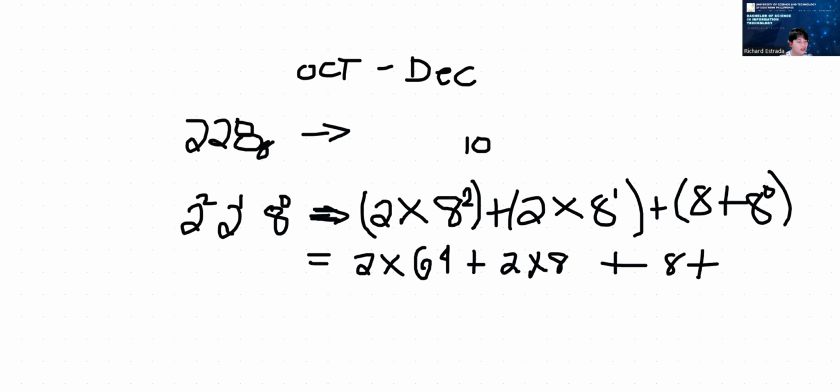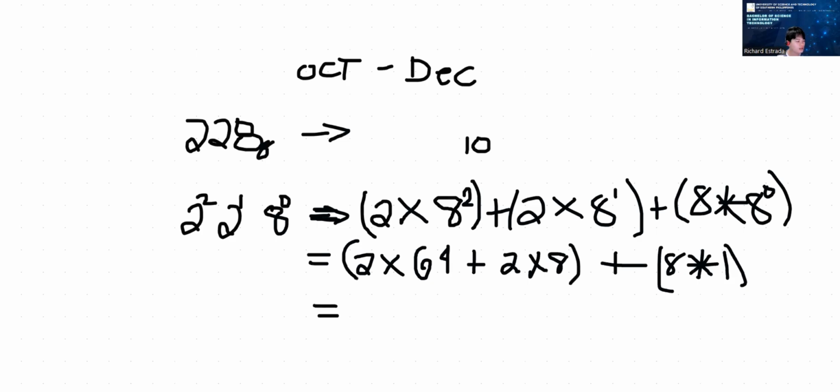Always remember, anything to the power 0 is 1. Wait, this is multiplication, 8 times 1. I made a mistake, the writing got ugly, but it's okay.